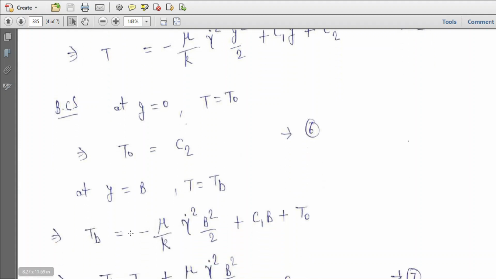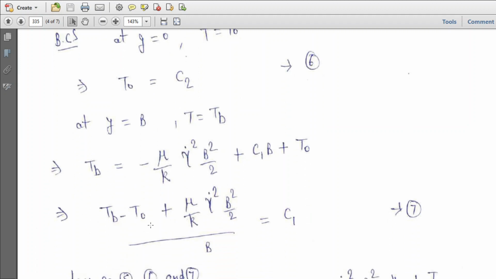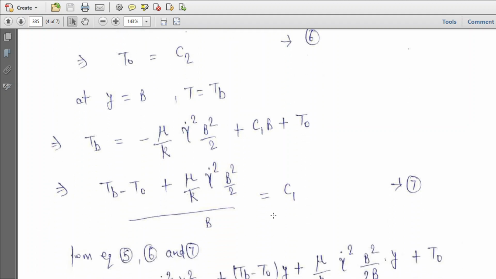So for that case, Tb = −(μ/k) γ̇² b²/2 + C1 b + C2. So from here we can calculate the expression of C1.